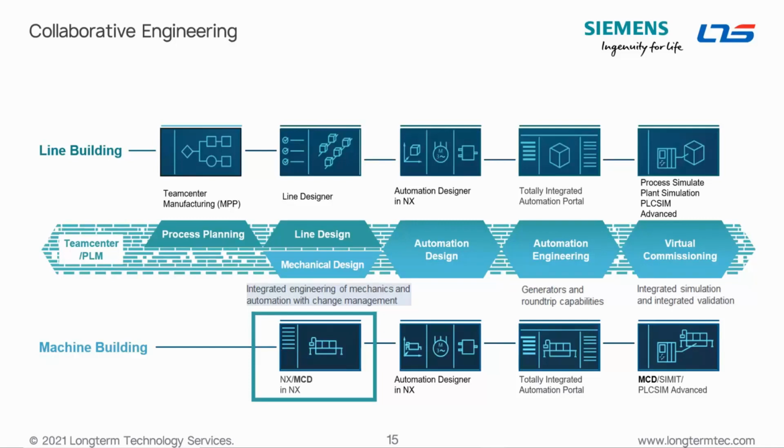automate this machine with the Automation Designer in NX, and from the Automation Designer I can automatically generate, I would say, ECAD plans and PLC code for Siemens PLCs, and then I can put it into my real machine, and then I can do a closed loop virtual commissioning with the PLC code I've generated and the MCD at the end of the day.